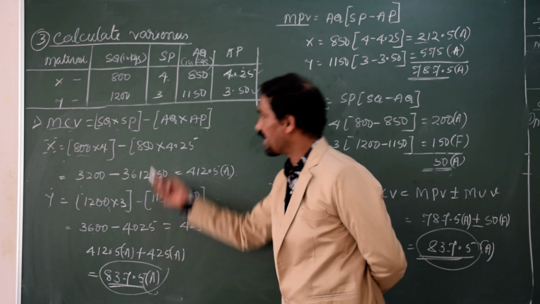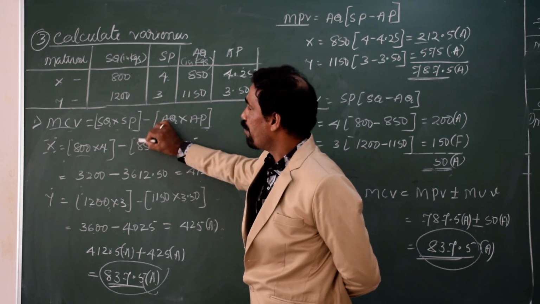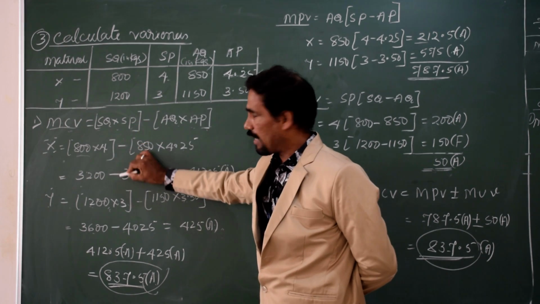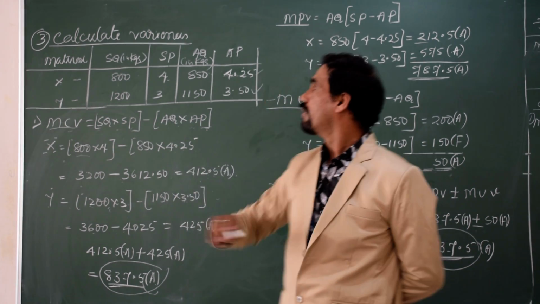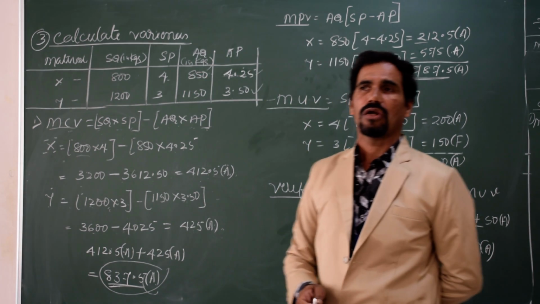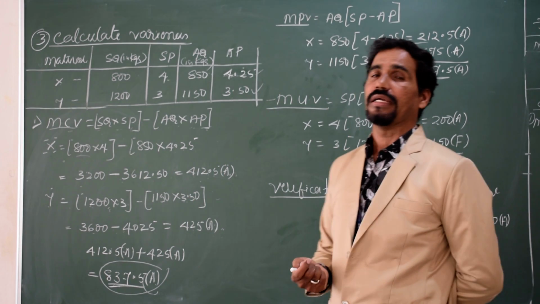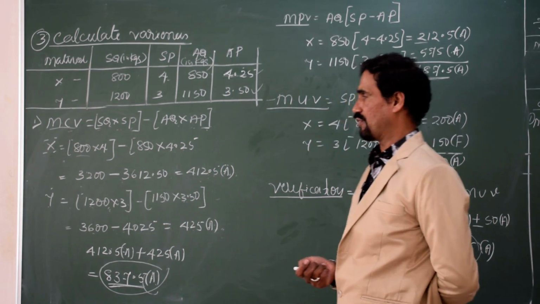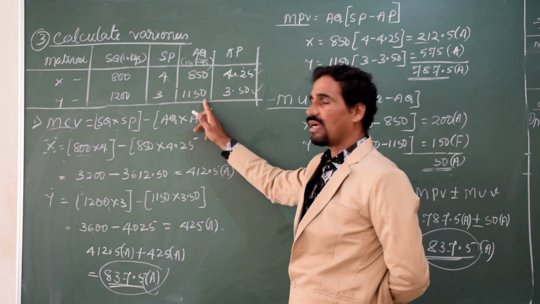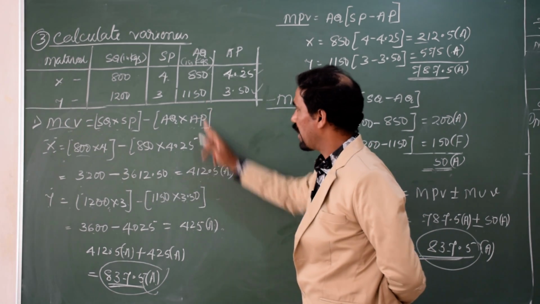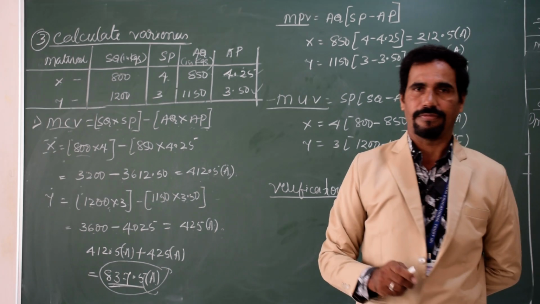So this is standard costing, but the proper formula should be applied, and these four variances are very important: cost variance, price variance, usage variance and material yield variance also. So this is the third example of standard costing.